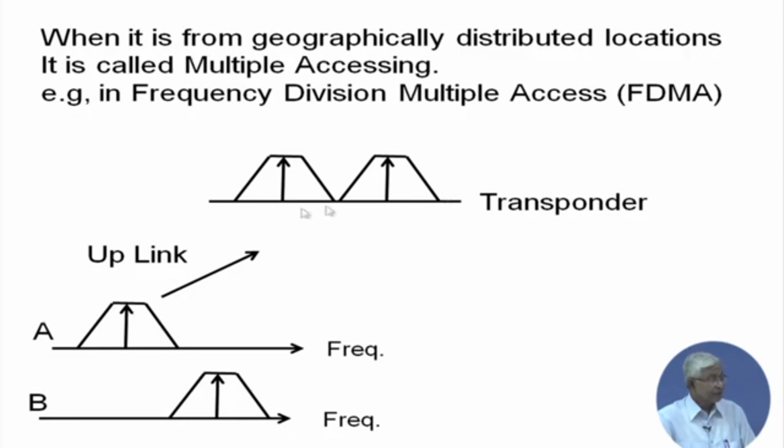So, at the transponder they are one after another in terms of frequency, the x axis is frequency. Say this is the total bandwidth available at the transponder, and it is being shared by two users. So, it is frequency division multiple accessing, but from the transponder to the receiver, on the downlink, the now multiplexed signal is coming down.